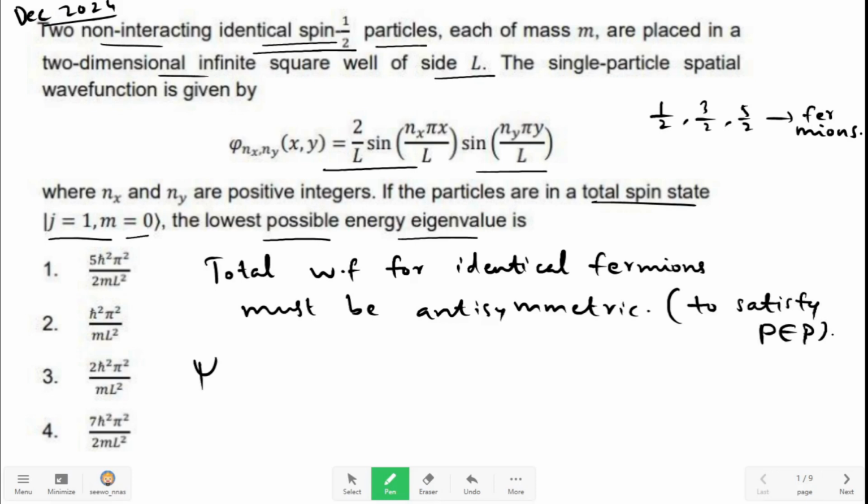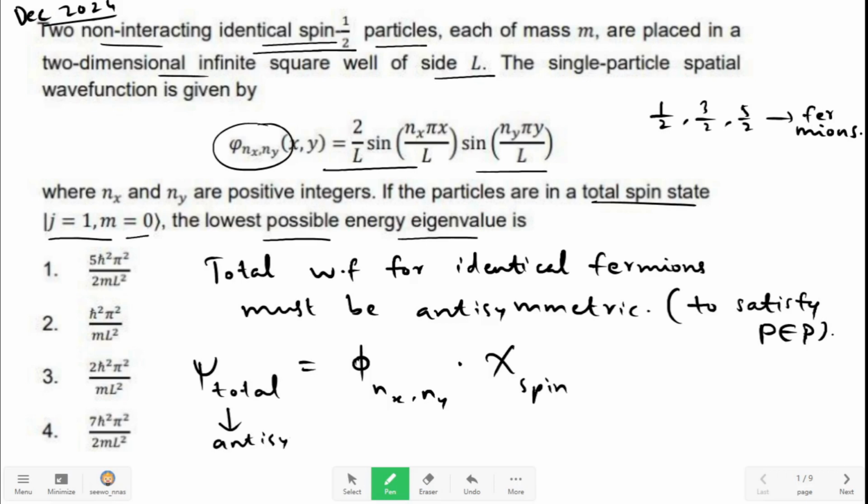Now the total wave function is the product of the spatial wave function times the spin wave function. In the question they have used this symbol for the spatial wave function, so let us use that itself. Phi nx ny is the spatial wave function, times the spin wave function, and their product must be antisymmetric.